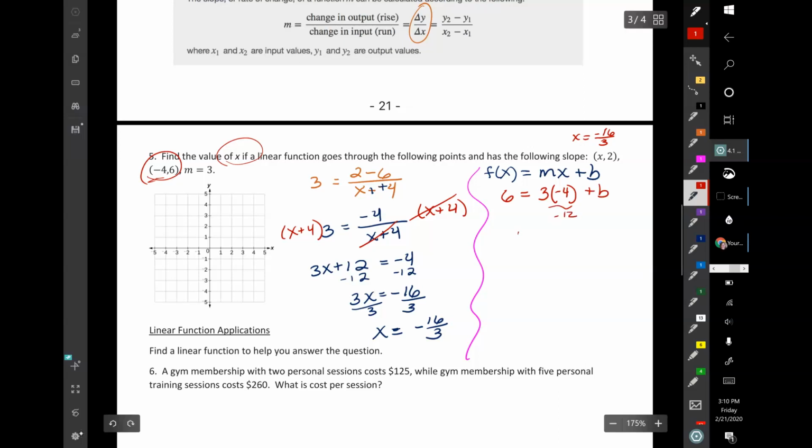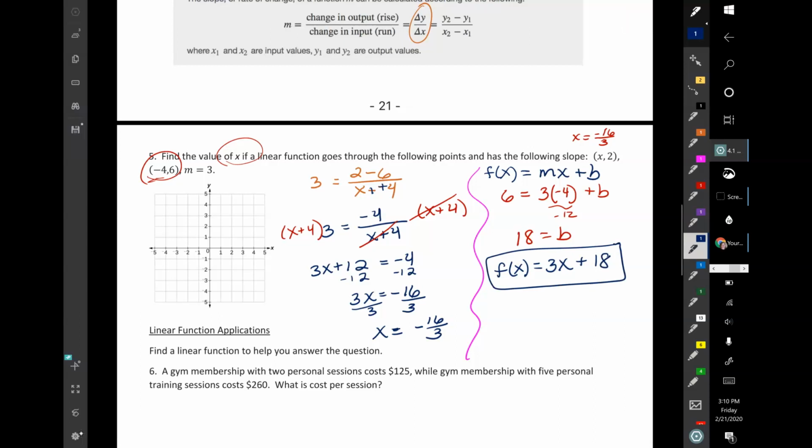So I would add 12 to both sides. I get 18 equals b. Now just go ahead and put everything back in its generic form, like f of x equals 3x plus 18. And we don't necessarily factor that. You know, just leave it as 3x plus 18 is the form we want.